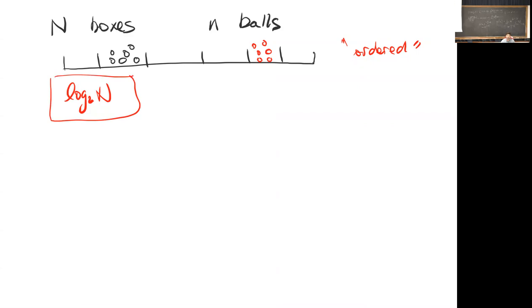We understood that the entropy was the number of binary questions you need to answer in order to identify the microstate, remember? It was the information content of the random variable. Here the random variable, or the microstate, is the locations of the balls. It has entropy log 2n bits.